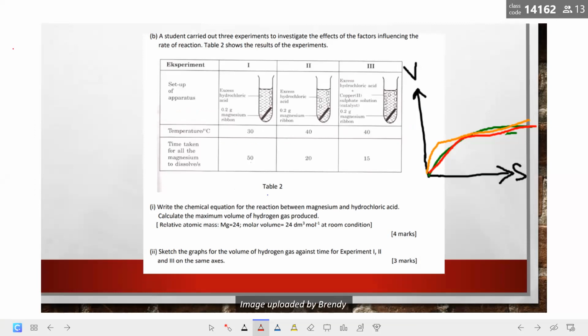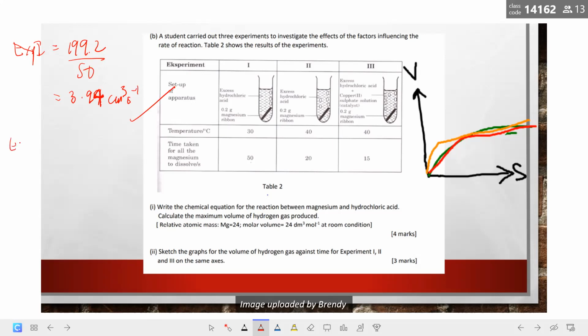So experiment 1, my answer is 199.2 divided by 50. Everybody press calculator quickly. 3.984 cm cube per second. Correct.